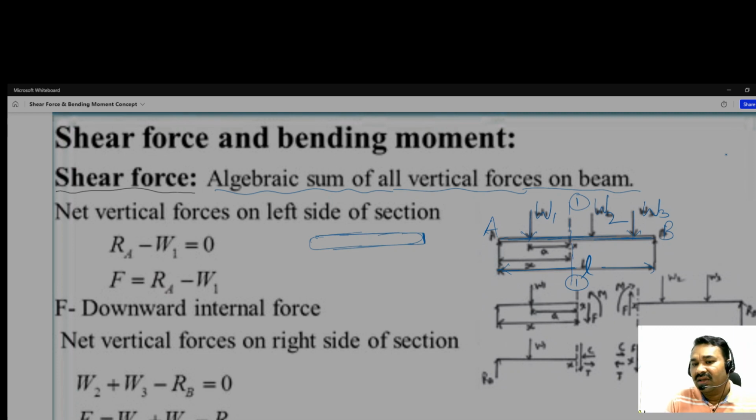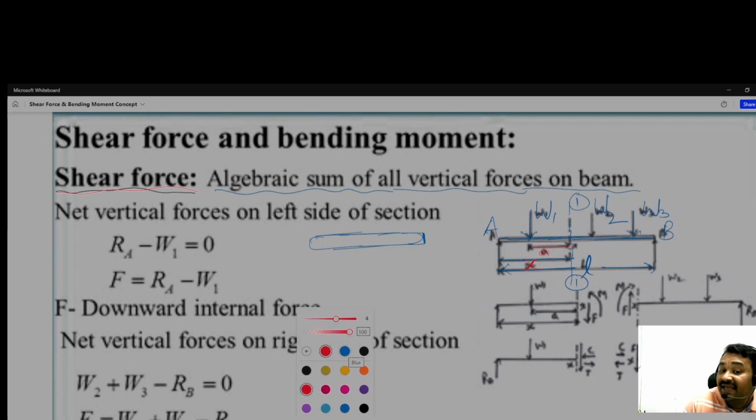Okay, so what about its distance from A? It is x. And what about W1 from this section? So it is a. Okay, so as we know, what is the shear force? The shear force is the summation of vertical forces, taking care of its direction, positive, negative.